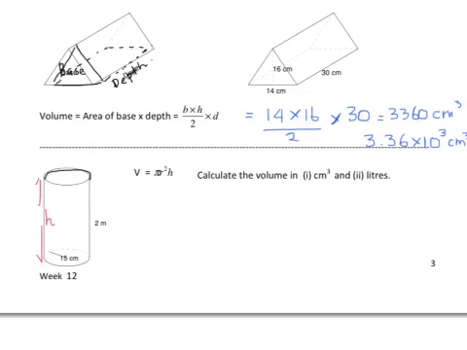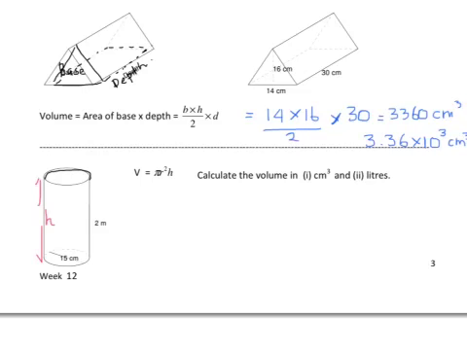Now in this case we have the diameter of the circular shape, so remember the radius is equal to half of the diameter, and the formula that we use to find the volume of this shape is pi r squared, that is the area of the base times the height. So we're asked to calculate our volume in centimetres cubed and in litres.